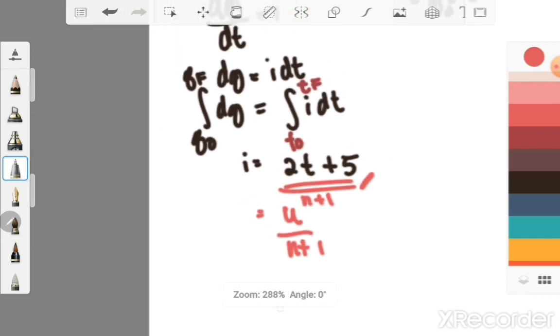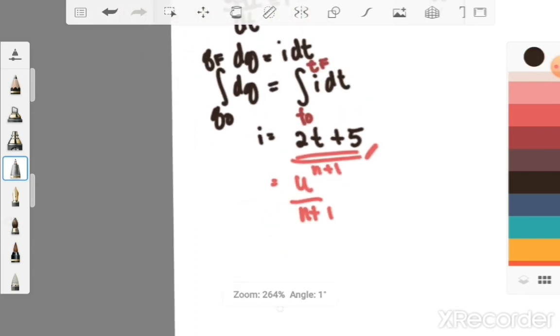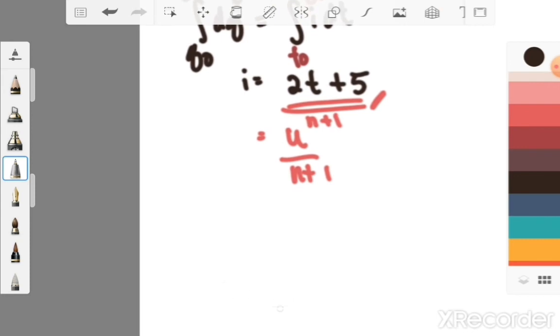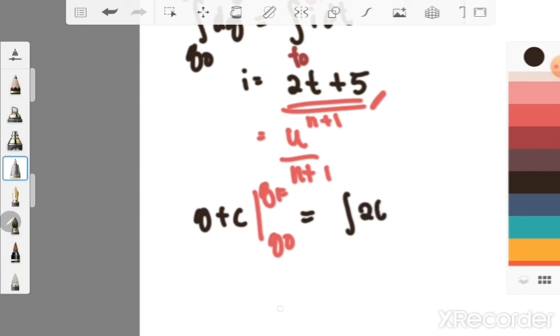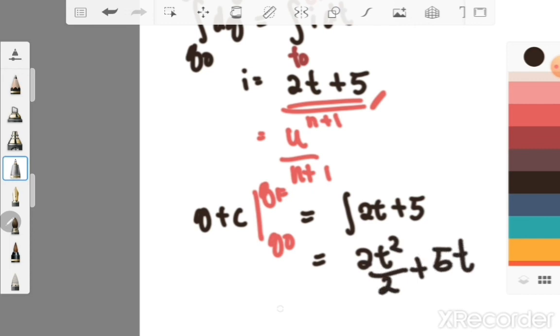So therefore, I may say that the integral of your dq is equal to q plus c from q0 to qf, which is equal to the integral of 2t plus 5, which is equal to 2t squared all over 2 plus 5t plus c.